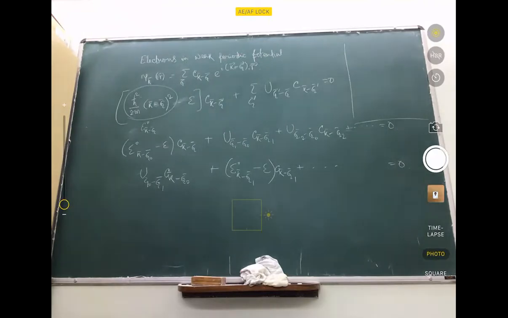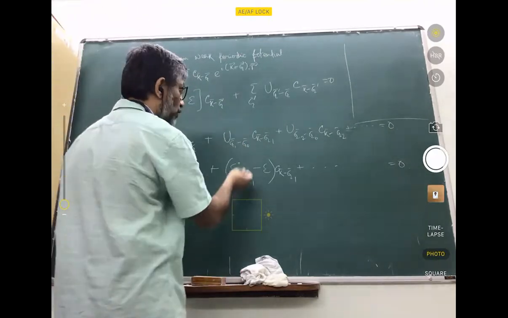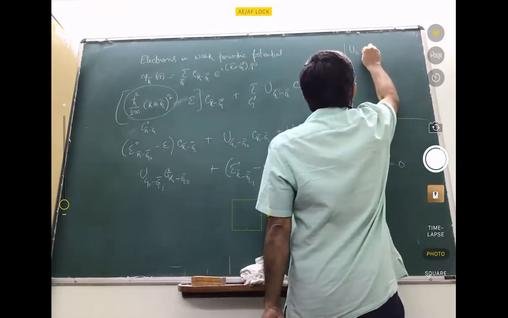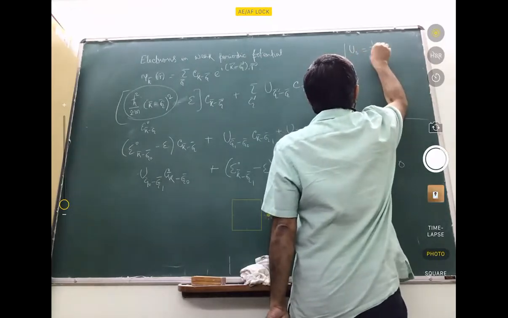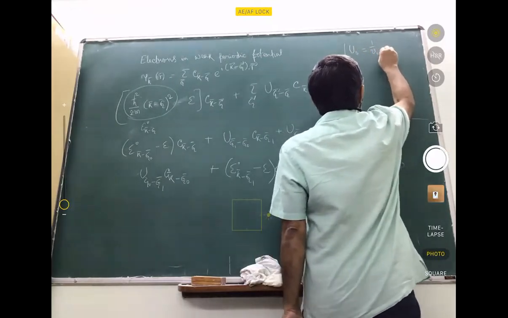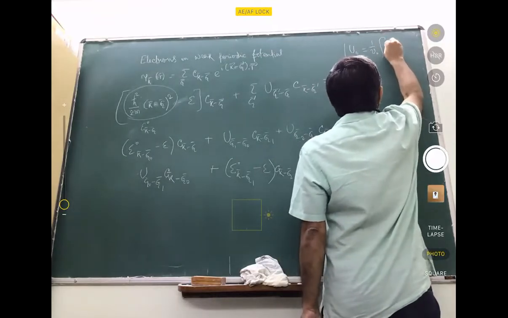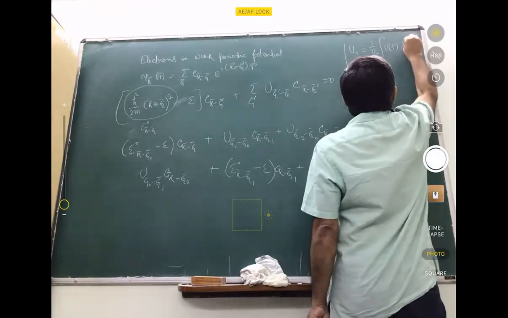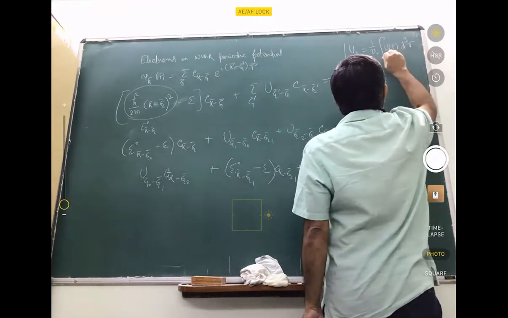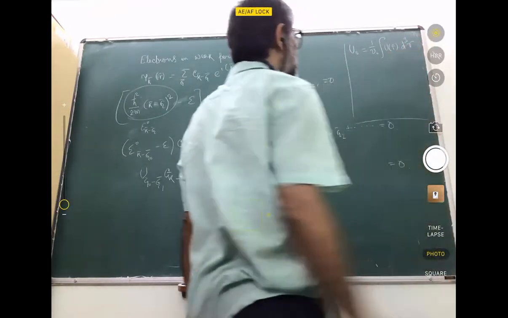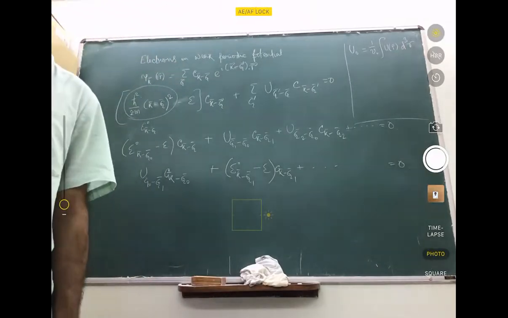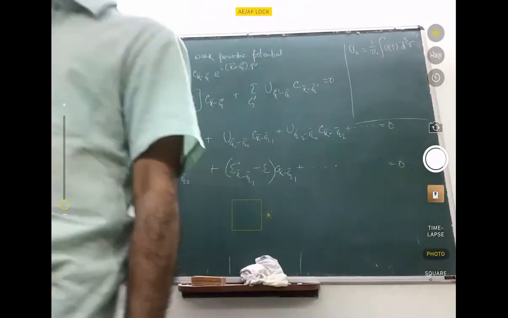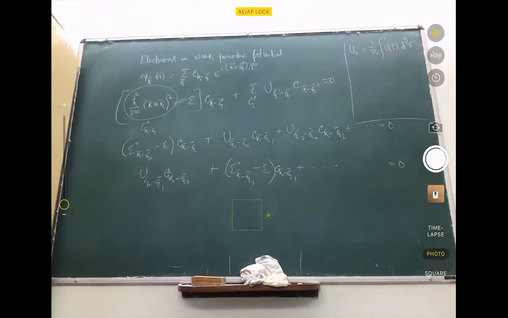Now, why am I not writing the U0 terms? What is U0? The way we had defined the Fourier transforms, over a unit cell, G is 0 here, so e to the i G dot r is 1. So this is just the average of the potential that the electron experiences within a unit cell.